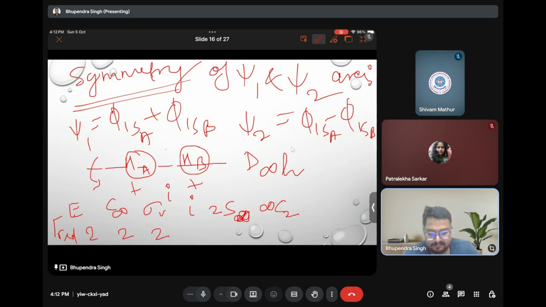Sigma v also, the character will be 2. For i, they will interchange, so the character will be 0. For S infinity, and for C2, it should also be 0.